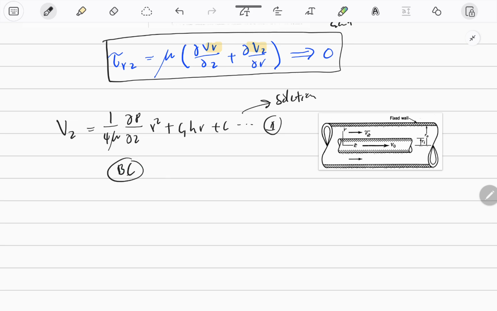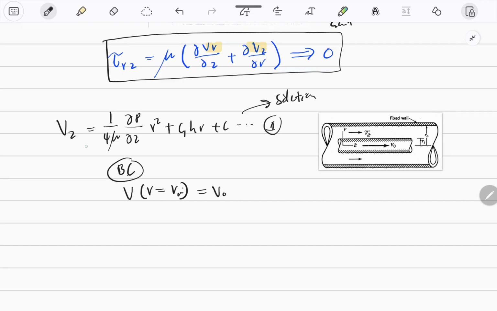If we apply boundary conditions, when r is equal to Ri, that's the inner edge we're interested in, what is going to be our V? It's going to be V naught.